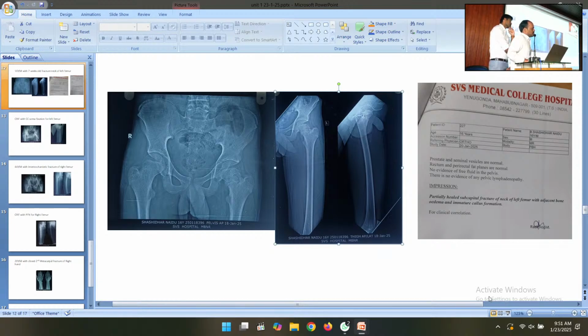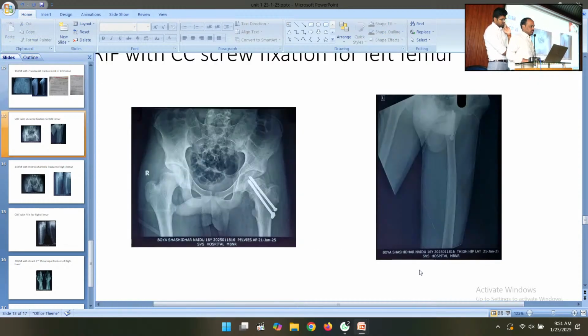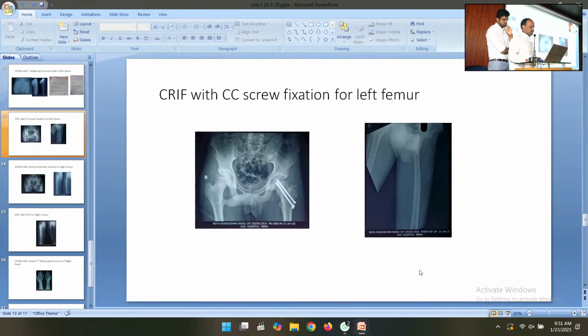If you look for avascular changes, you have to wait at least 3 to 6 months.